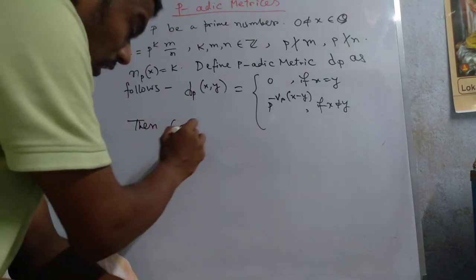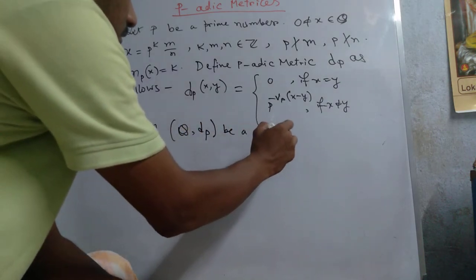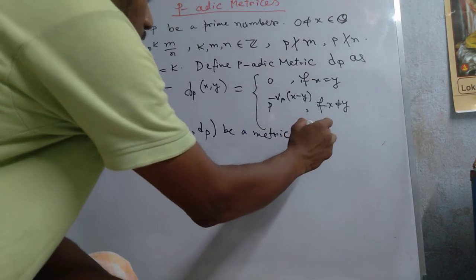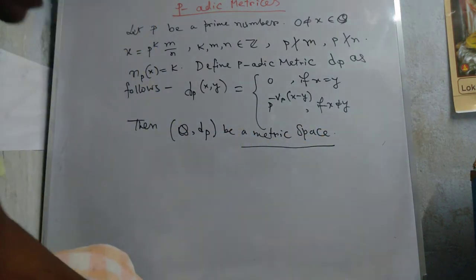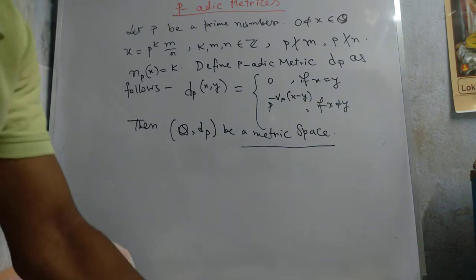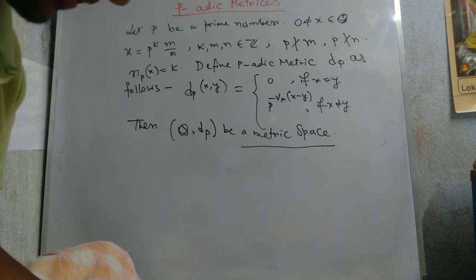Then we have to show that Q and d_p form a metric space. First we have to show this one. This is an important problem. So how do we deal with this?